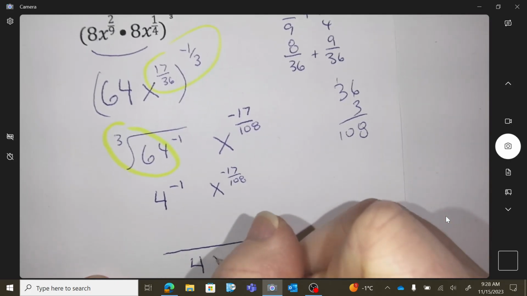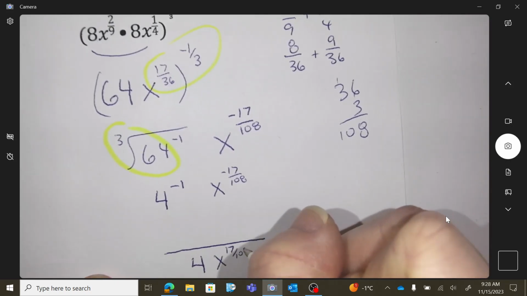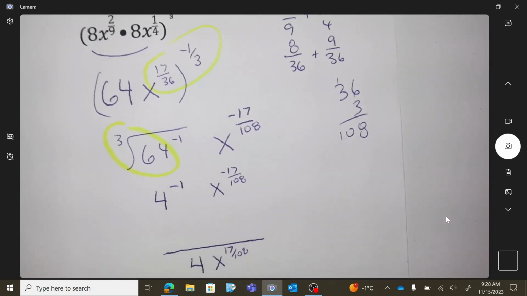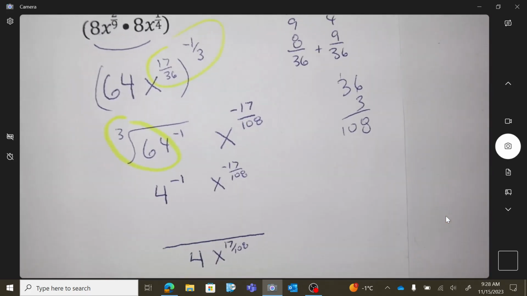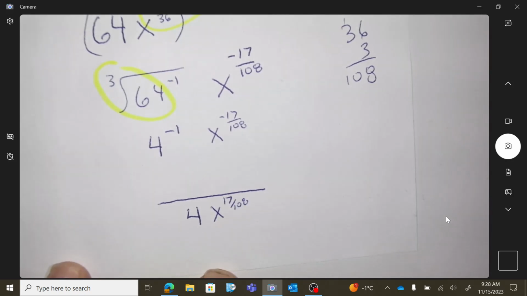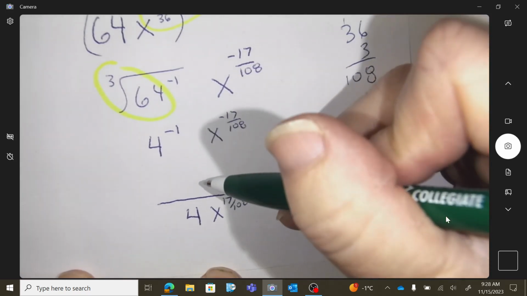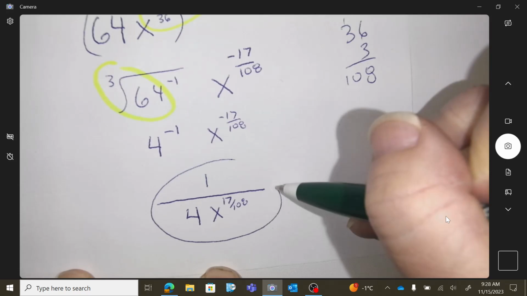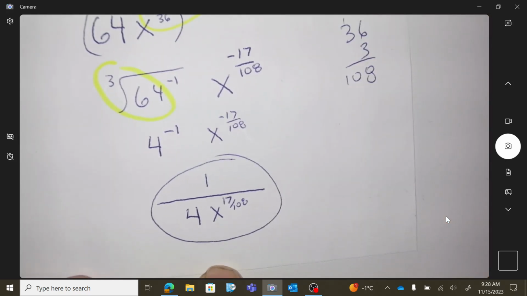So 4. And then since I moved everything to the bottom, and there was really nothing left on the top, what should I write myself on the top? 1. Okay, so those questions have a lot involved, but you know all those small things. You just have to make sure you're putting them together.